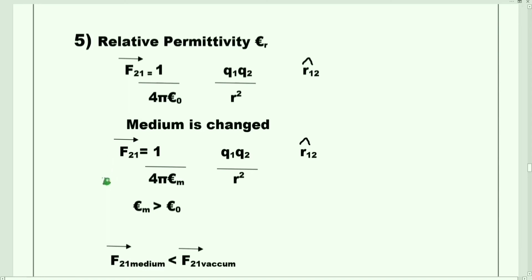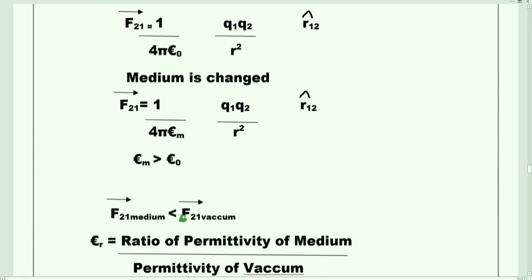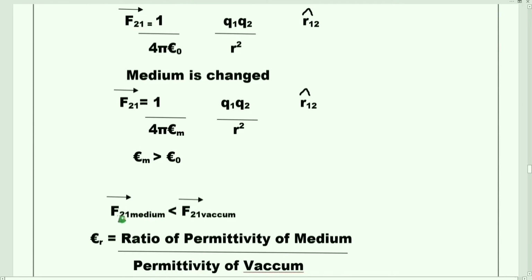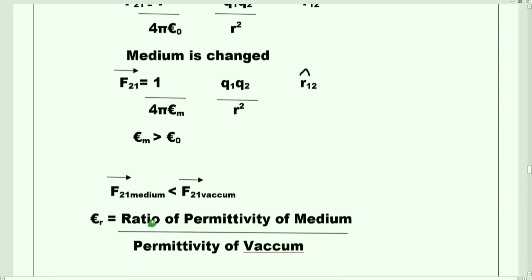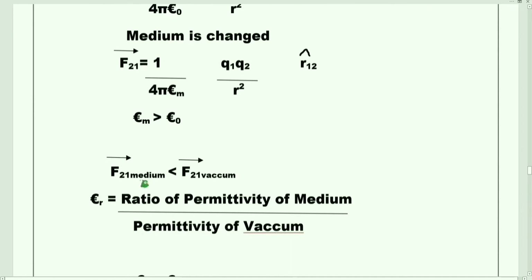F21 vector is equal to 1 by 4 pi epsilon m. We are changing the medium now, so epsilon m into Q1 Q2 by R square into R12 unit. The value of epsilon m is greater than the value of epsilon naught. So the force F21 in any other medium is less than F21 in vacuum.